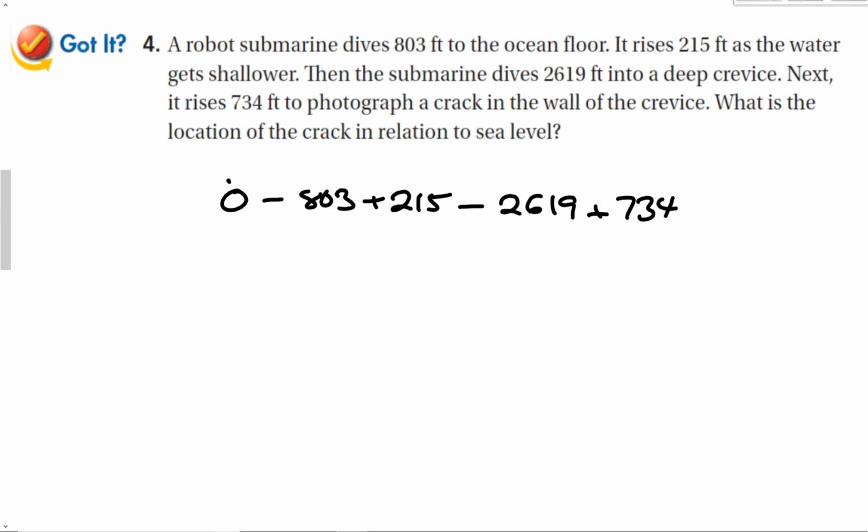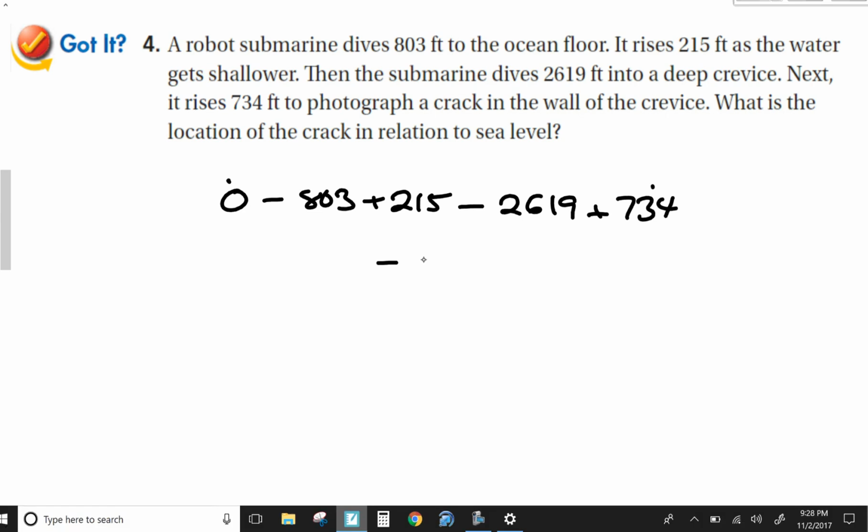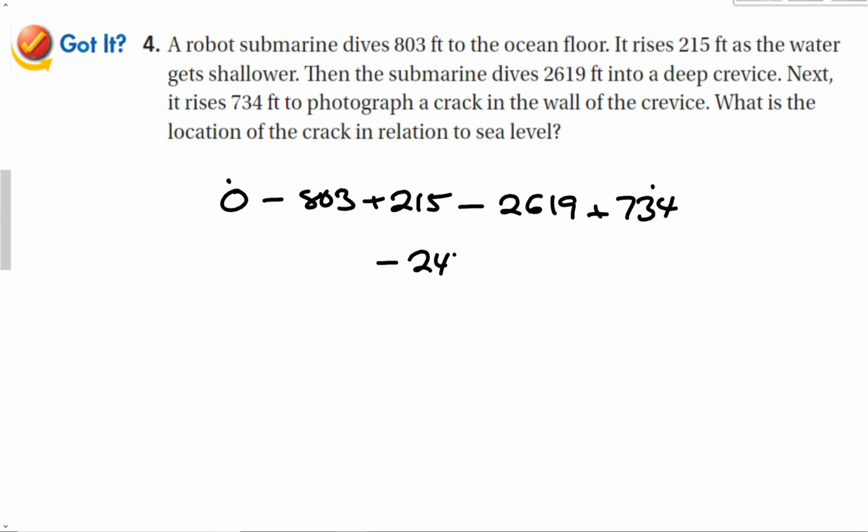Sea level. So there's where I started. There's where I ended up. Okay, for this one, I am going to use my calculator and just go negative 803 plus 215 minus 2619, and then plus 734 to give me a total of negative 2473 feet. Hopefully I didn't make a mistake there.